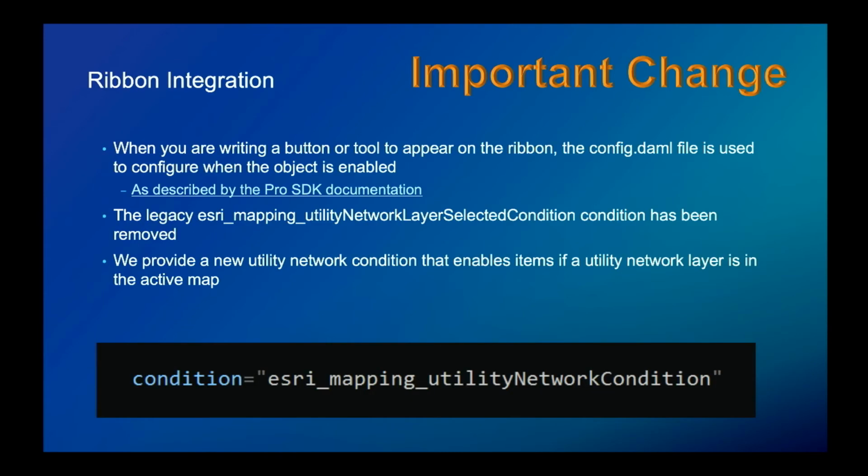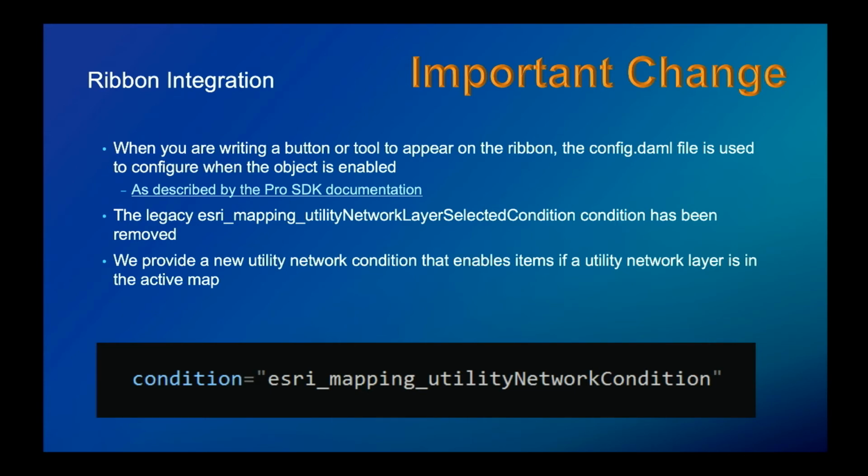Now, if you have any existing code, please pay attention, because we made a mistake. So in older versions before 2.3 of Pro, we had this condition called esri_mapping_utilityNetworkLayerSelected condition. For those who aren't familiar with conditions, using the DAML, you assign these conditions to tools and buttons, and that controls when that object is enabled.